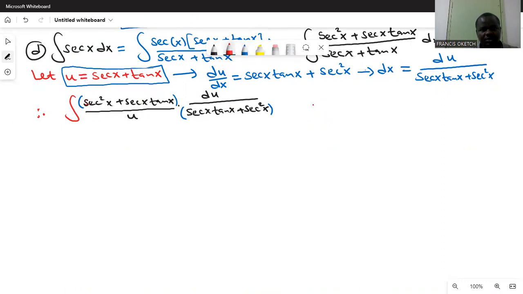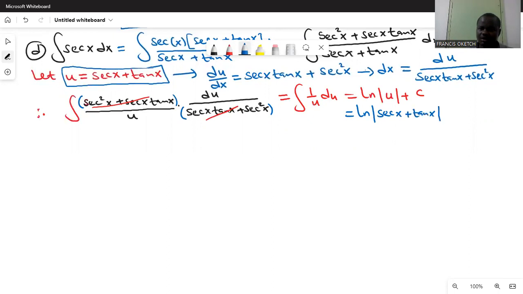So those two will cancel, and our integral will now be the integral of 1 over u du, which is the same as ln u plus c. But what is u? Replace it, so this is the same as ln of sec x plus tan x, then plus a constant c.